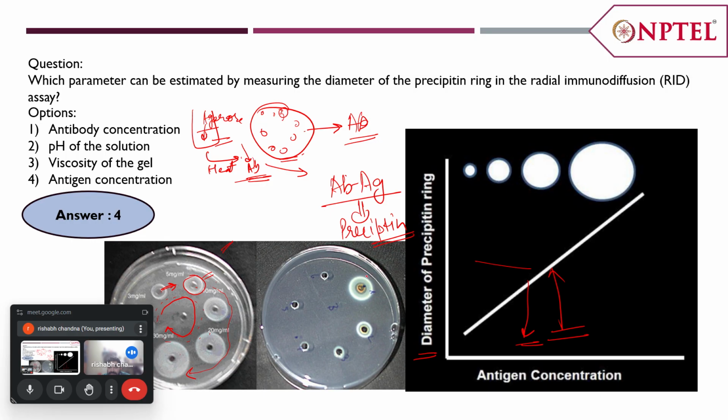So that is why this ring is formed by the precipitation reaction between the antigen and antibody, that is a precipitate of antigen and antibody. That is why it is called a precipitin ring. Okay, so if no doubts, then we'll move on to the next question.